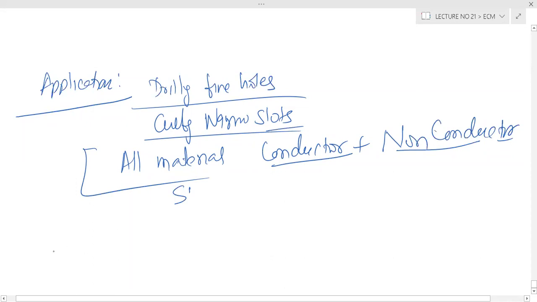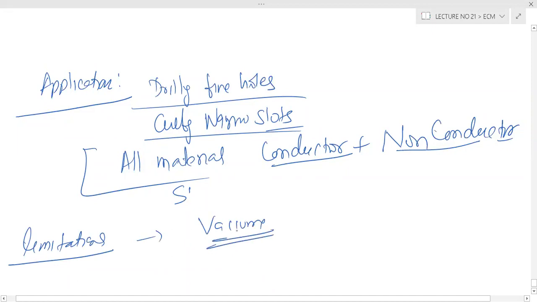Then limitations. First is vacuum. You need vacuum, otherwise the process will not be that effective. And it is an expensive machine.